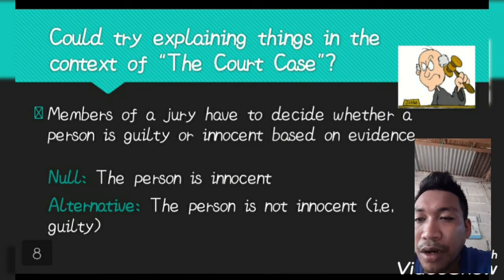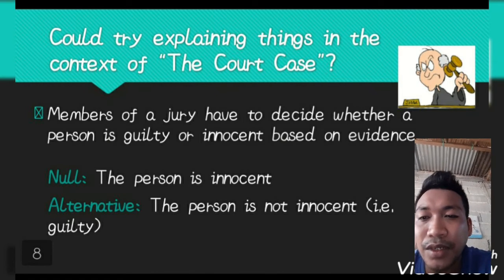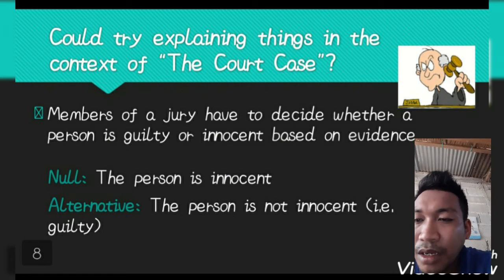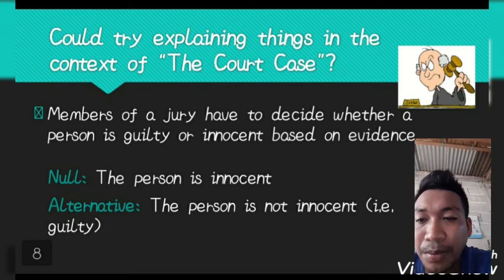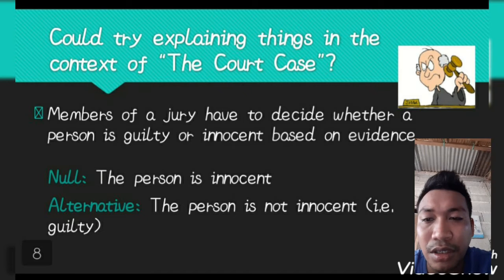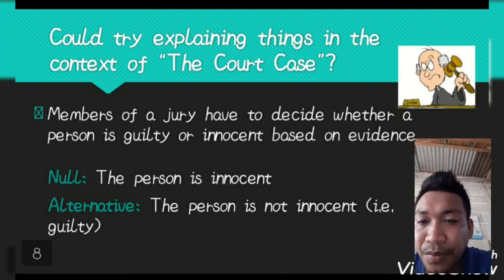The jury can only convict if there is beyond reasonable doubt for the null of innocence. They don't know whether the person is really guilty or innocent, so they may make a mistake. With the help of hypothesis testing, we can come up with conclusions or decisions that we can give right justification.